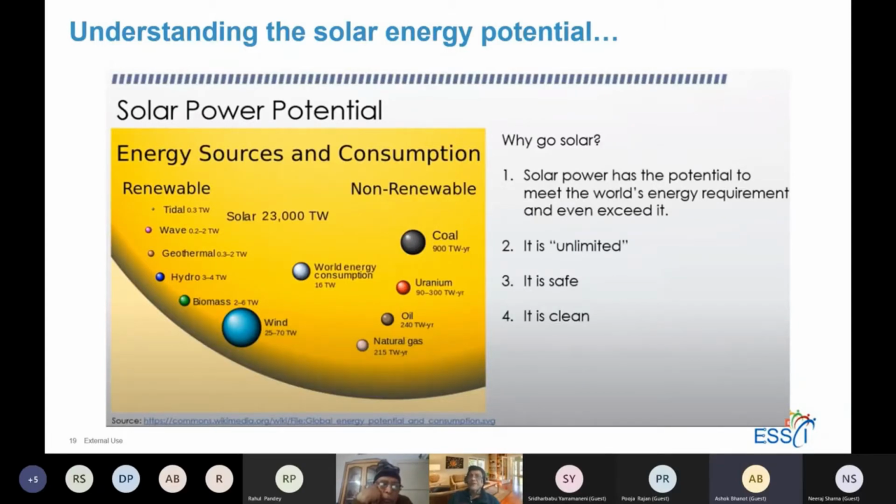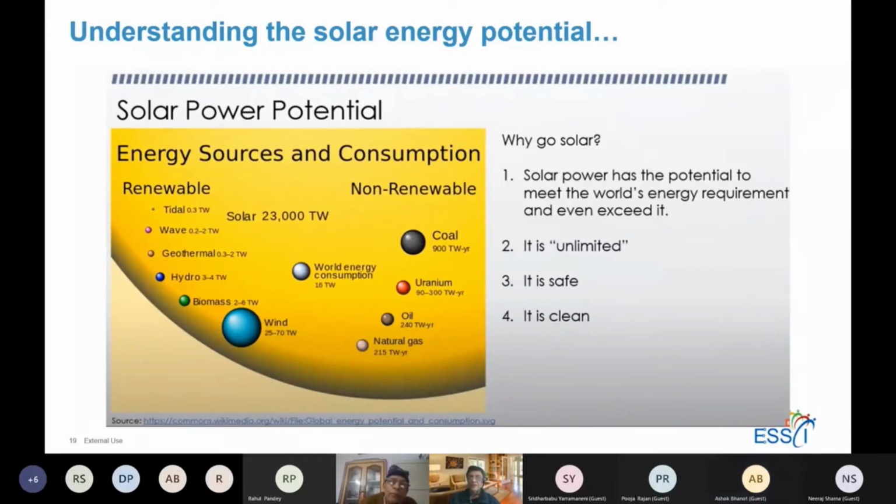Irrespective, the potential for solar is phenomenal. If you compare with all the energy sources available to humanity as of now, all of these little bubbles are the estimated energy opportunity from different energy sources like coal or uranium or wind.